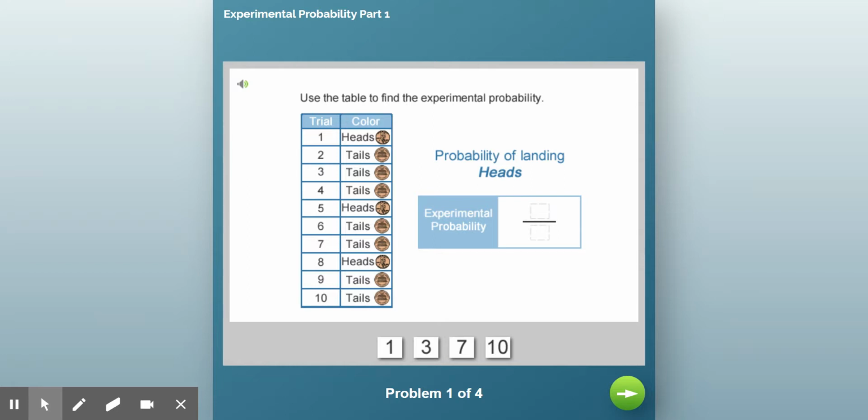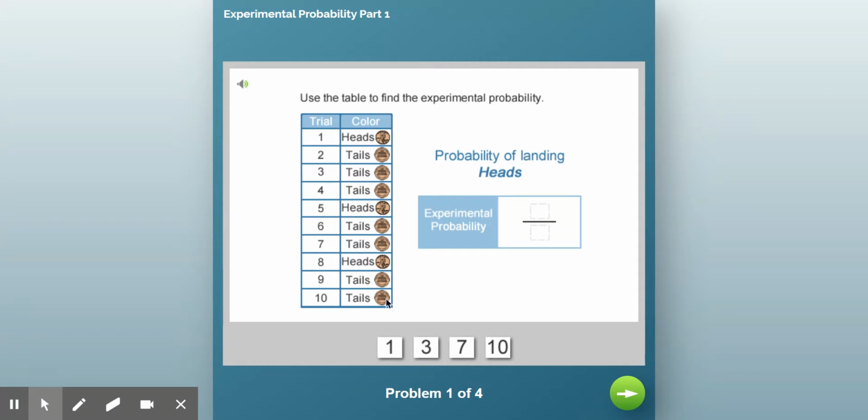In this case, we have an experiment, and it was flipping a penny. You will notice that there were 10 different trials of this experiment. So this event was performed 10 times and they recorded all of the outcomes of each of the trials.